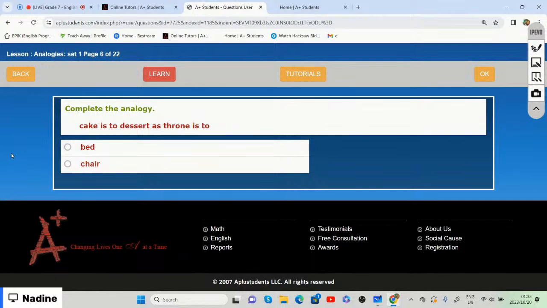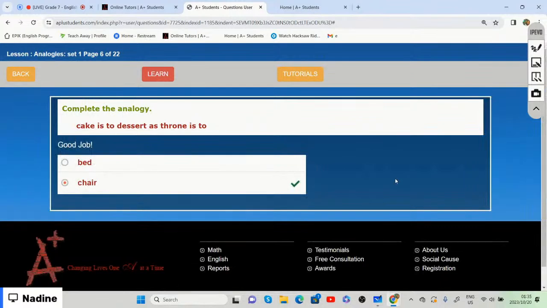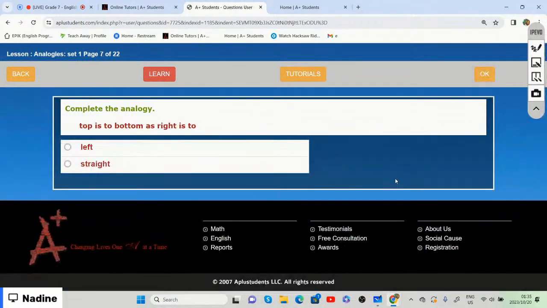If cake is dessert, right? If cake is dessert, then throne is to bed or to chair. Let's try chair. And chair is correct. Well done.